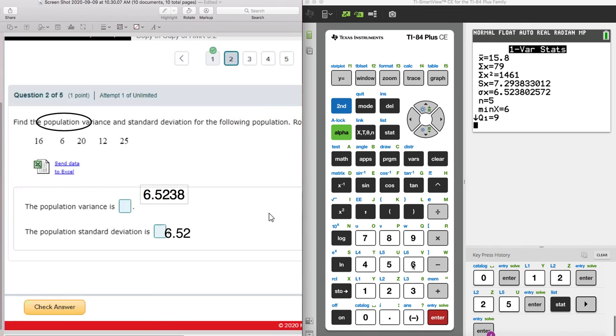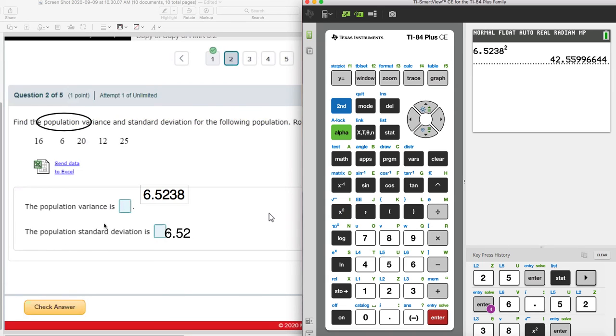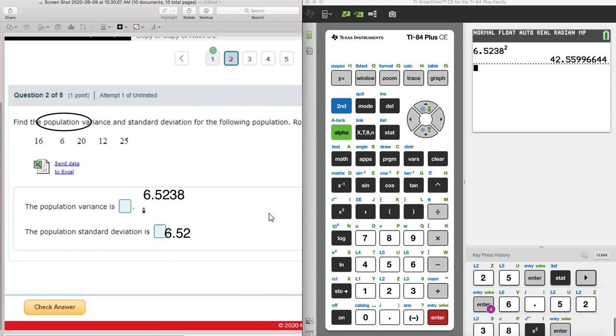And then that's what we're going to type into the calculator, 6.5238, square it, enter, and that is the answer for the population variance. 42, in this case it would round to 42.56. So that would be the actual answer for this, 42.56, and this is just on scrap paper. It does not go anywhere in your answers.